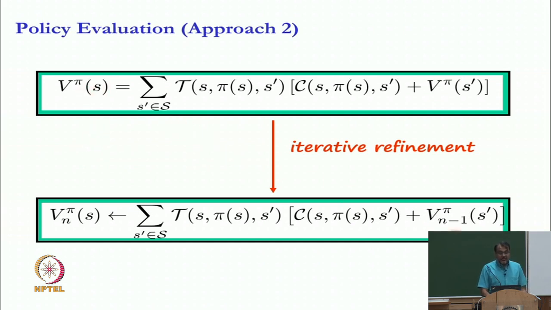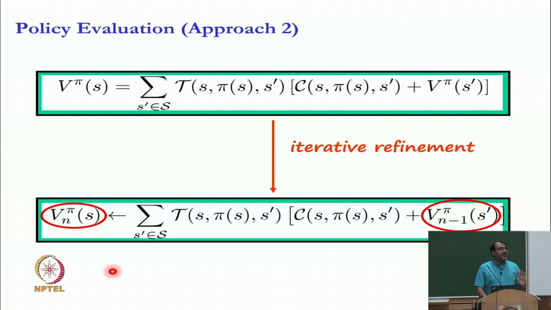And in fact, if I am given an approximation V pi n minus 1, which is the n minus 1th approximation for the V pi function, then on the right hand side I will use the previous approximation and compute the new approximation V pi n, where n denotes the number of the approximation. Just to clarify, it is the same equation, but on the right hand side I use the n minus 1th approximation, and on the left hand side I compute the nth approximation. This would be called the iterative refinement version of computing the system of equations. You can call it iterative policy evaluation.